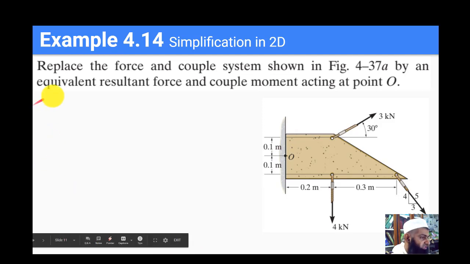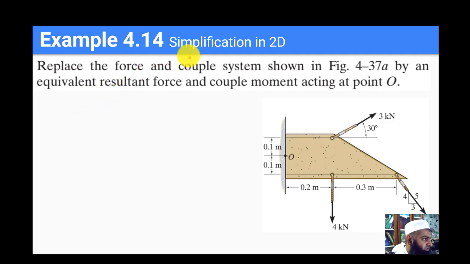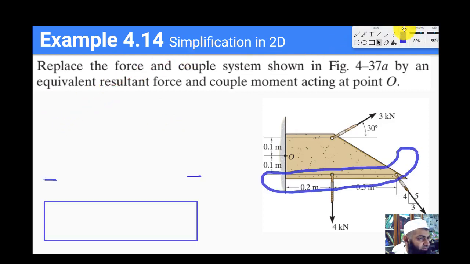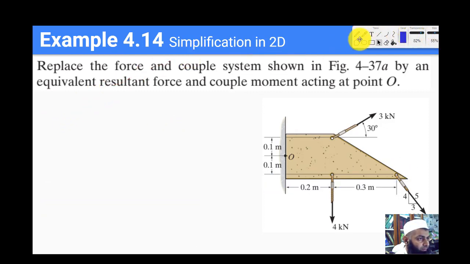So for the forces, we already know the sum of all the forces. Let me just write that down. The sum of all the forces is equal to the resultant force.